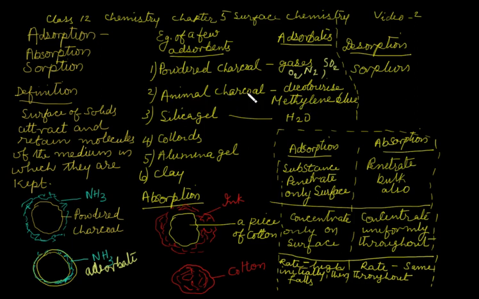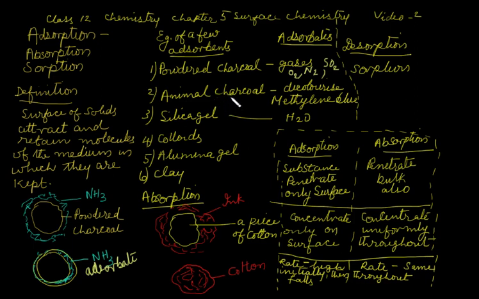Similarly, animal charcoal is used in another very common life situation, that is manufacture of sugar. When sugar is manufactured, the raw sugar solution that is obtained will be colored. But the sugar that is available in the market, as you know, is glistening white in color.